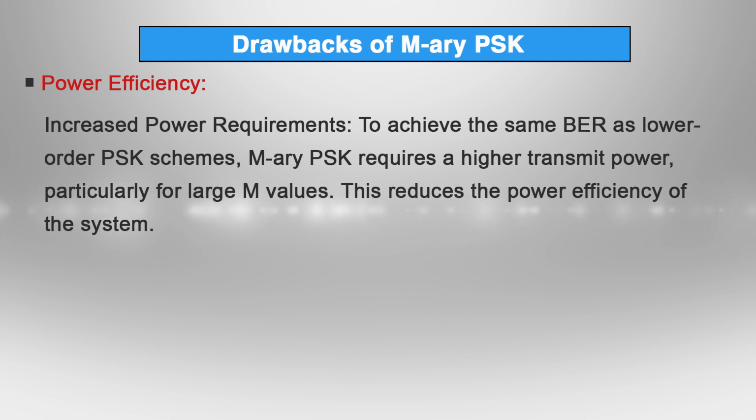The M-array PSK signal has low power efficiency due to increased power requirement, amplifier linearity and phase synchronization. To achieve the same bit error rate as lower order PSK schemes, M-array PSK requires a higher transmit power, particularly for large m values. This reduces the power efficiency of the system.